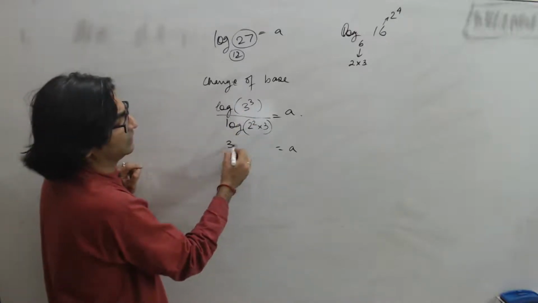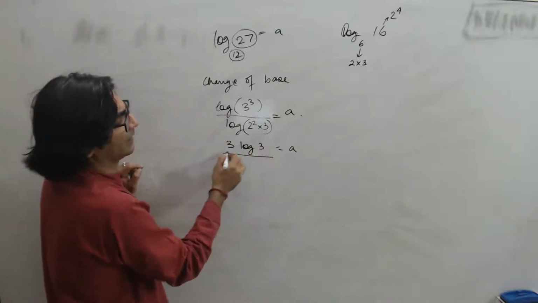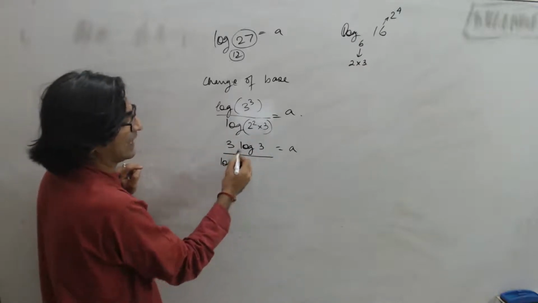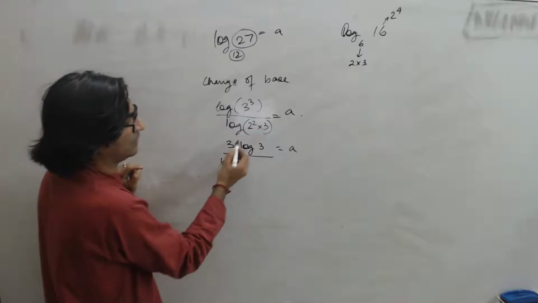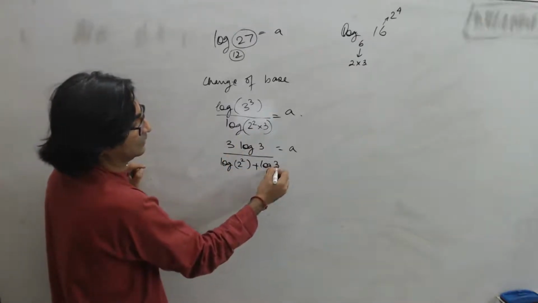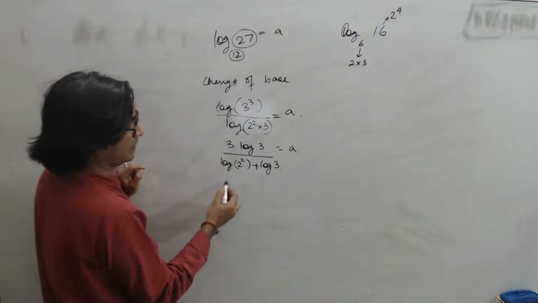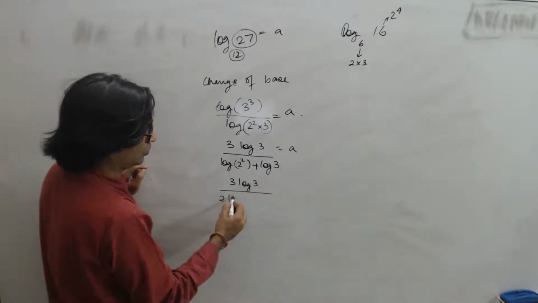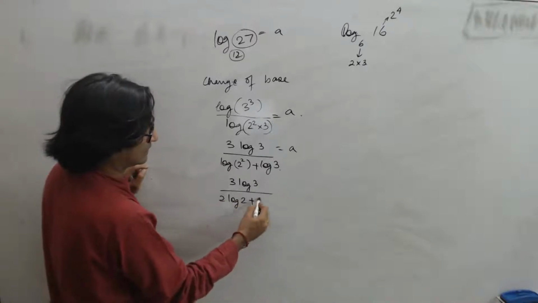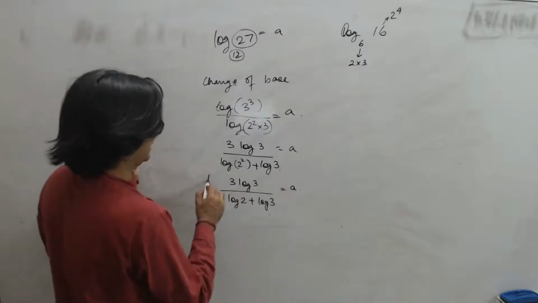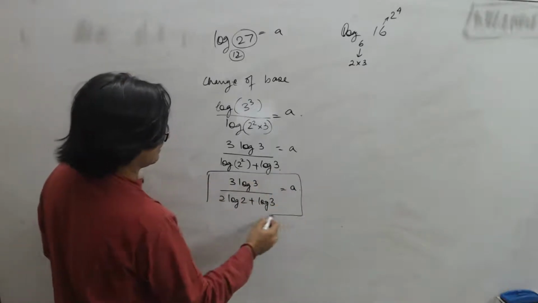So log of this becomes 3 log 3, and this becomes, first of all, you have a product, so the logs will get added, and then the first logarithm will have log 2 square, so that power will come out. So I get 3 log 3 upon 2 log 2 plus log 3 is equal to A.